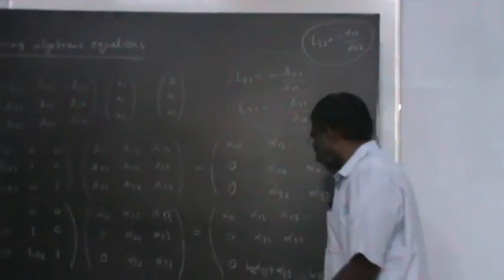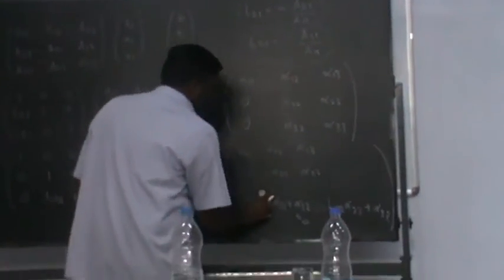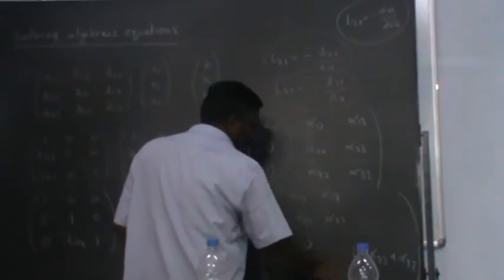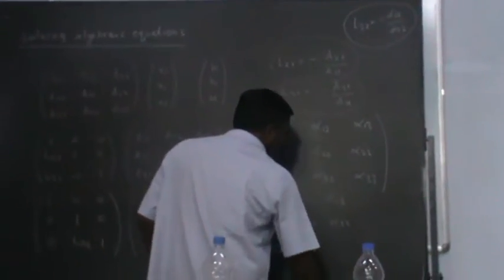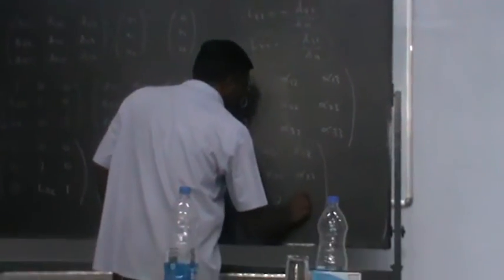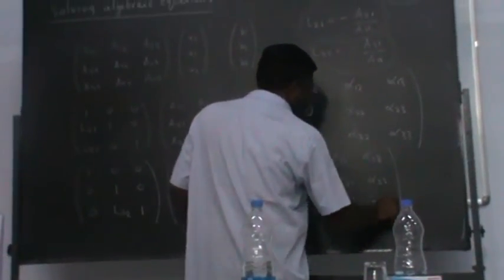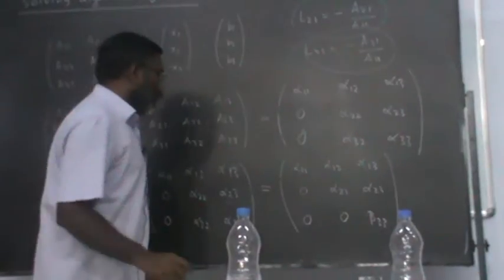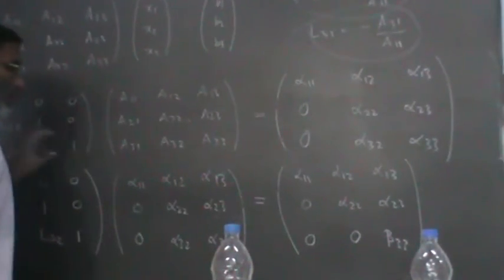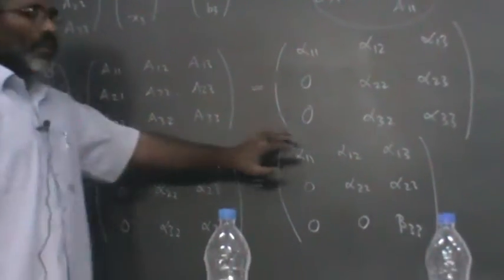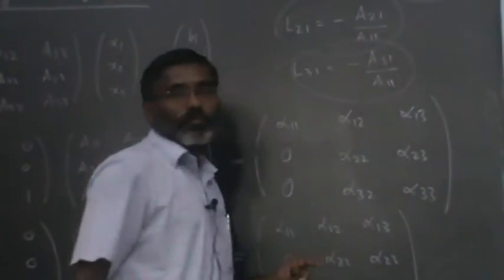Correct? So now this is 0 and this is going to be some quantity which is different from alpha 3,3. Let me call it beta 3. So by these two operations, this matrix has become an upper triangular matrix. Actually, you can do this even to find the determinant. After we get this matrix, the determinant is going to be the product of these three. This is called triangularization of a matrix. By these operations, you actually triangulate the matrix.